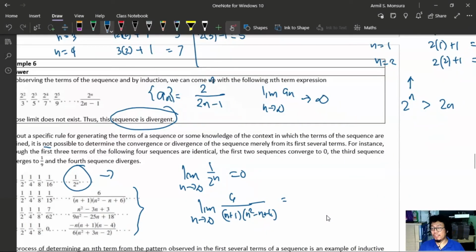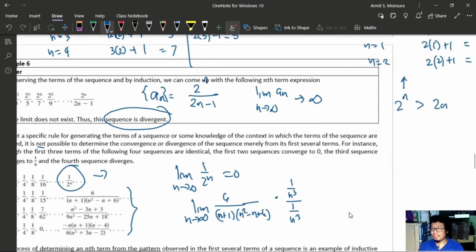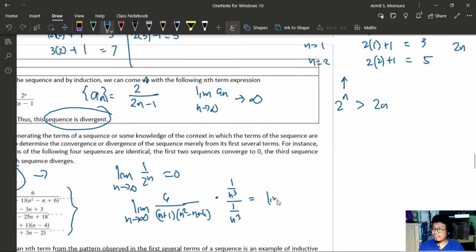You can divide the sequence by 1 over n cubed, because that is the highest power of n in the denominator. So this is the limit of 6 over n cubed, over 1 over n cubed.